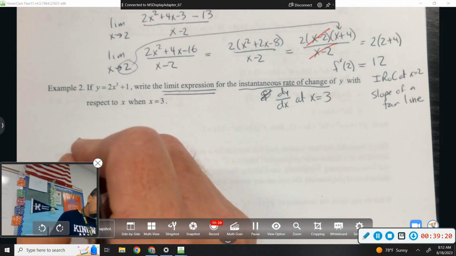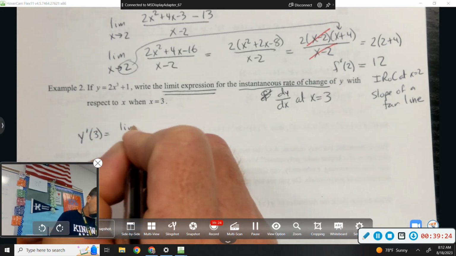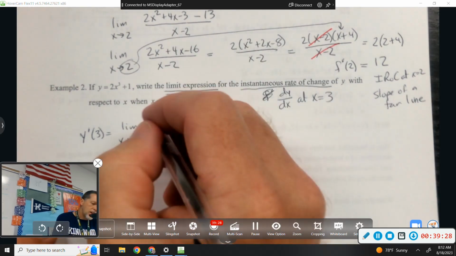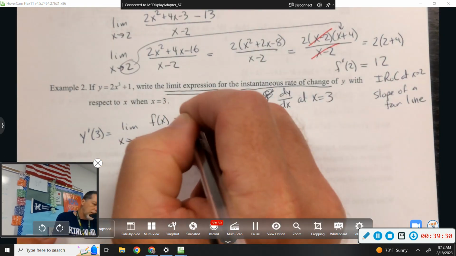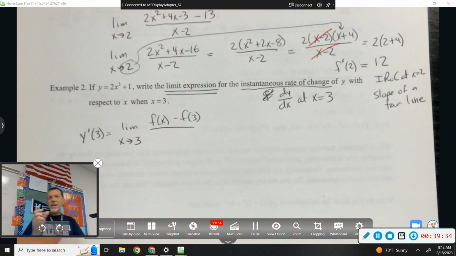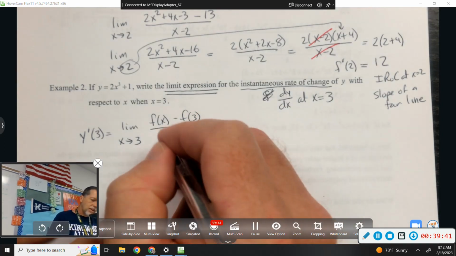So y prime at 3 is the limit as x approaches 3 of f of x minus f of 3. Again, the body of the limit is just an algebra 1 slope thing. F of x minus f of 3 over x minus 3.